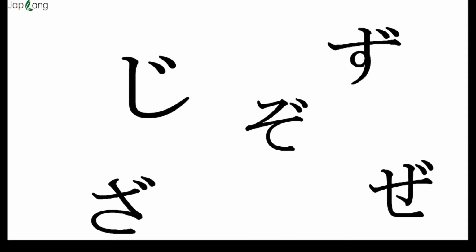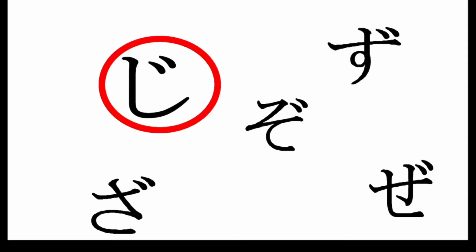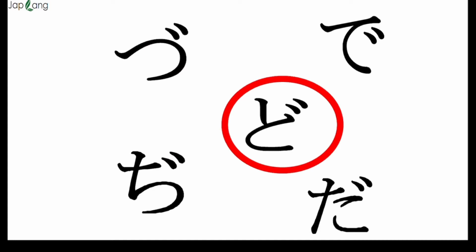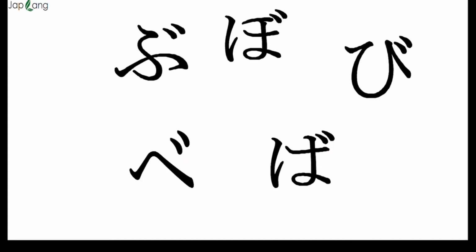Yes, left hand side, top. Yeah, that's G. Alright. Tell me, where is Do here? Do is in center. Yes, that's in center. Alright, now please tell me, where is Ba here?